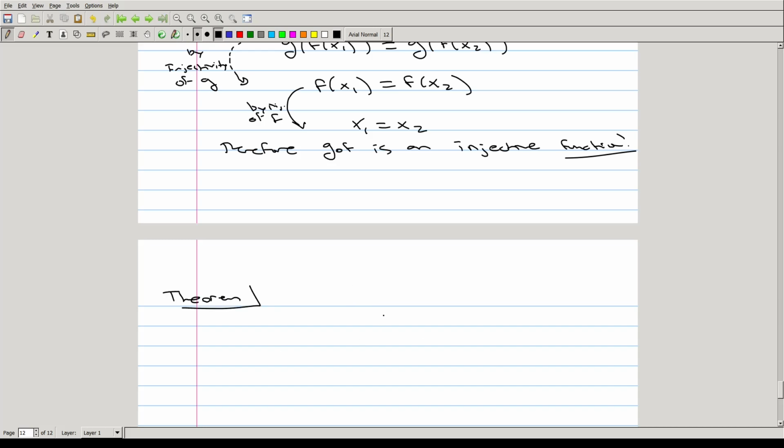By a similar argument, we can say that the composition of 2 surjective functions is also surjective.